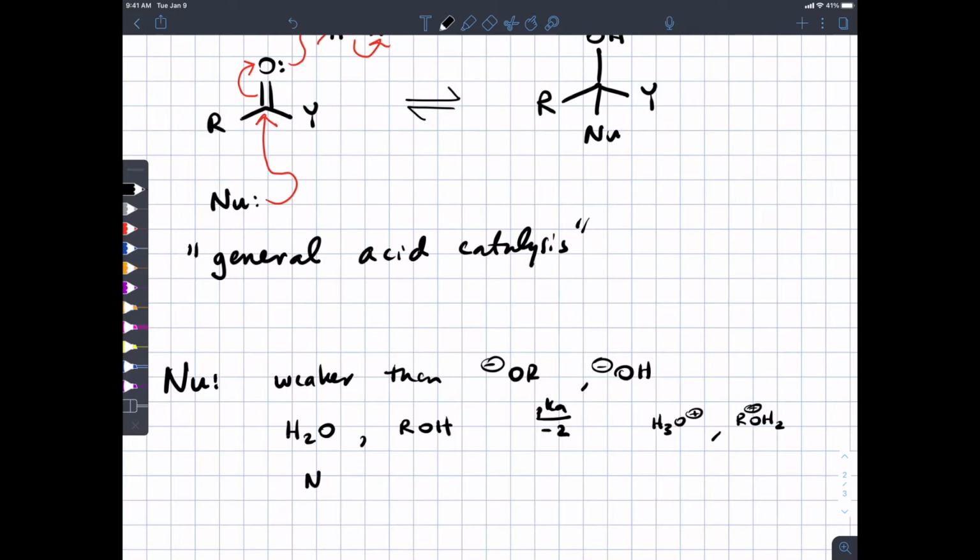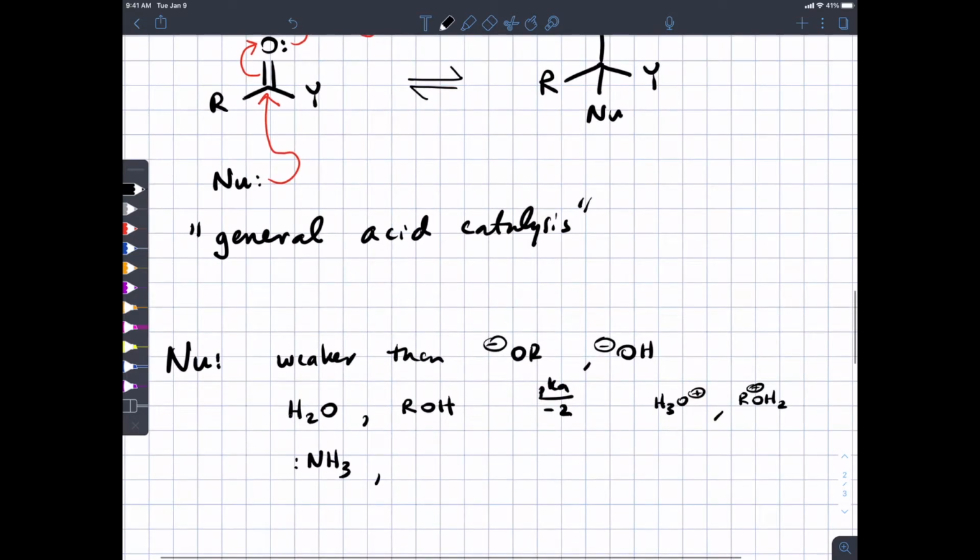Other nucleophiles that tend to be weaker include amines of various varieties. The conjugate acid of an amine is an ammonium.